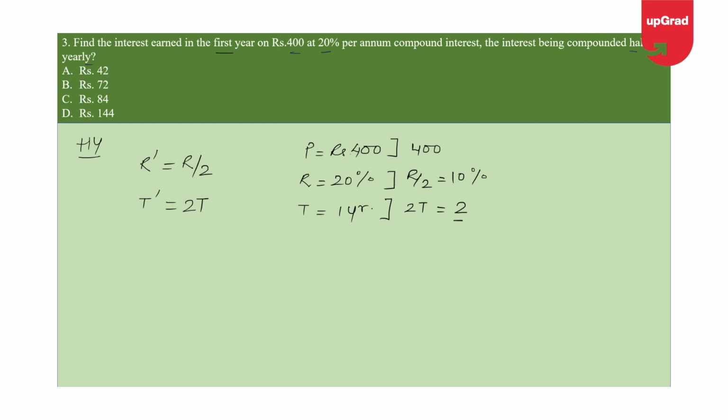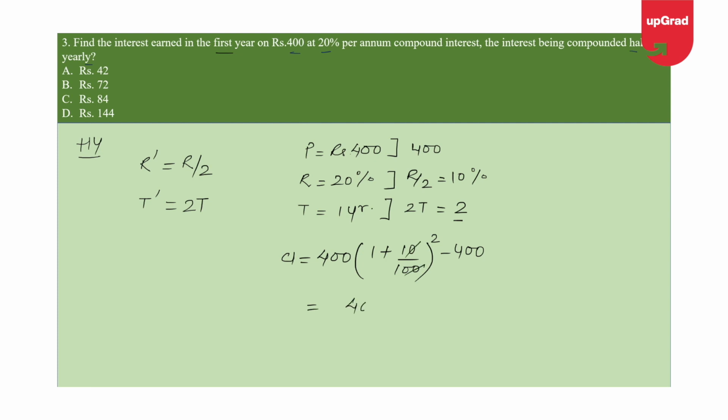Now see how easy can we solve this question. If I do this question with the help of conventional formula, I will have to put all these values, which is 400, 1 plus rate of interest divided by 100 to the whole power 2 minus 400, because I have to calculate only compound interest. So what do I get?